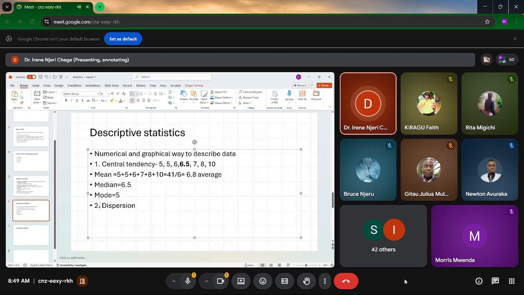So what is my median here? Class, what is my median in this data? It is 6.5. Then half of the 6.5.